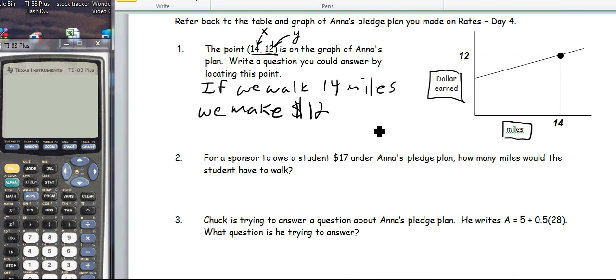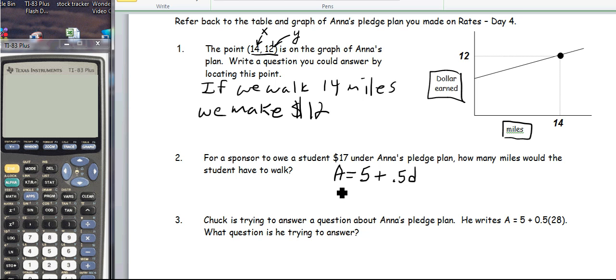It says for a sponsor to owe $17 under Anna's pledge plan, how many miles would the student have to walk? Now let's look and see how we can use our calculators. Here we have our dependent variable is equal to an initial deposit of $5 plus 50 cents per mile.